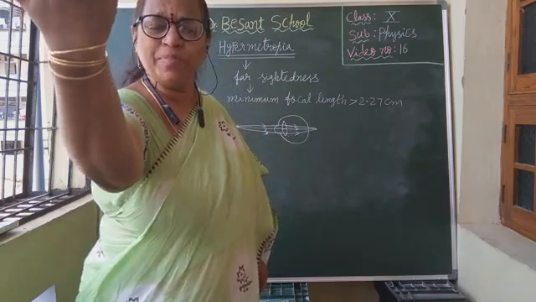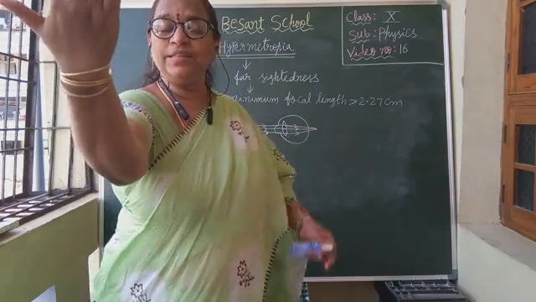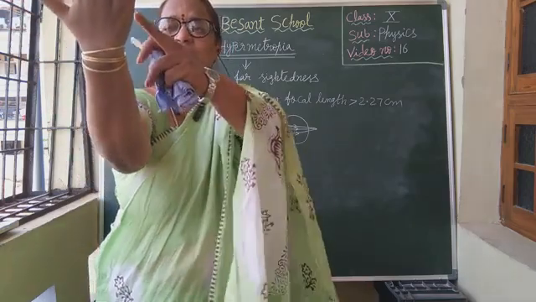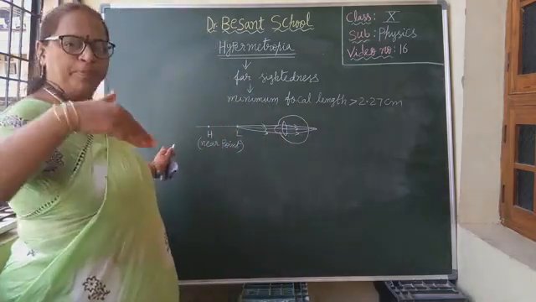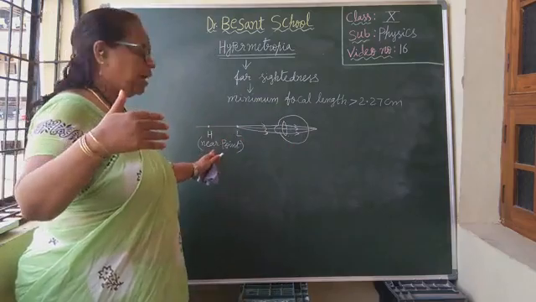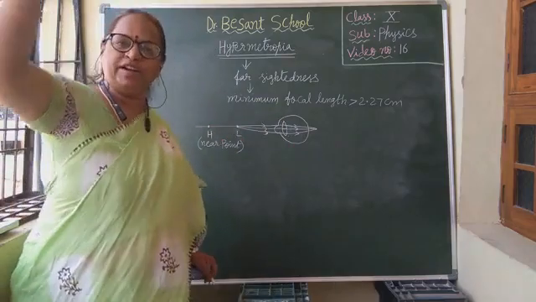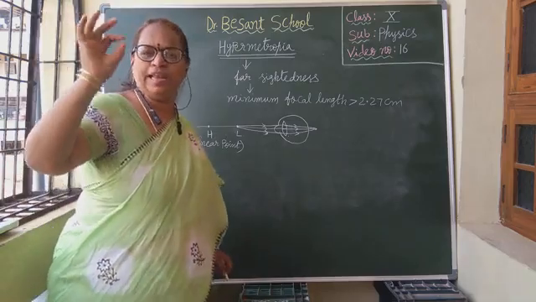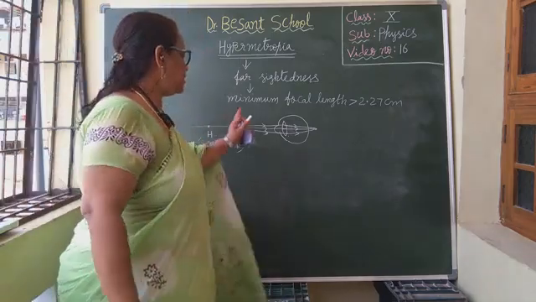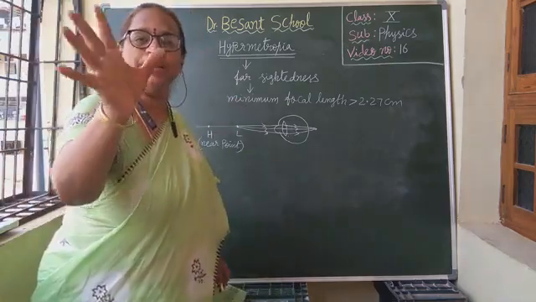There will be some minimum distance at which this hypermetropic person can see the objects clearly. From this H to above, from near point to infinity, anywhere the object is, this person can see the objects very clearly.